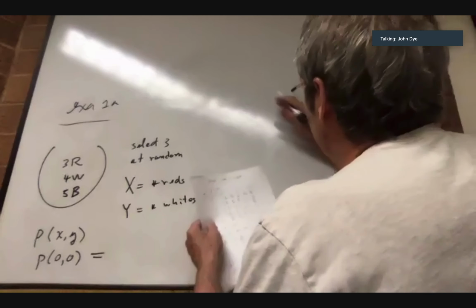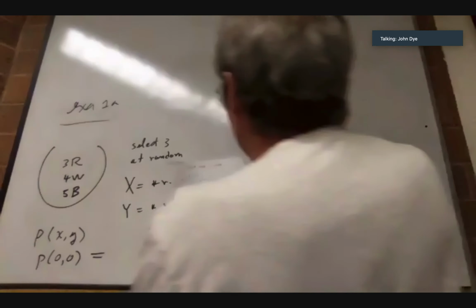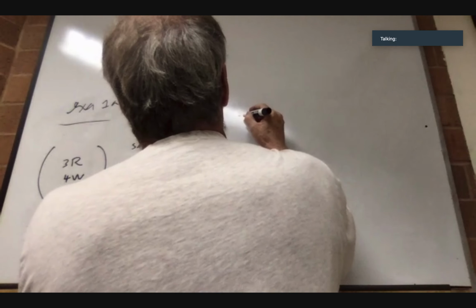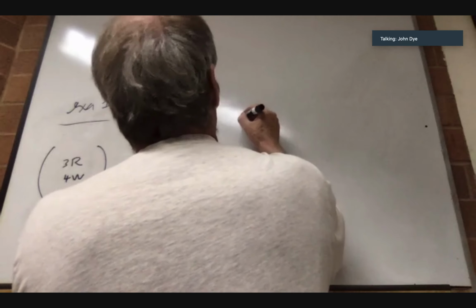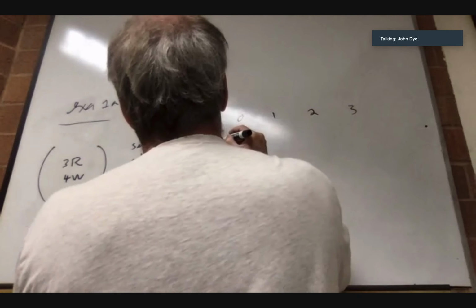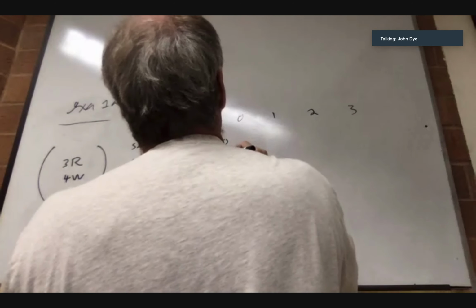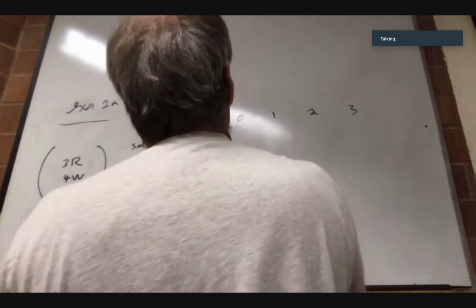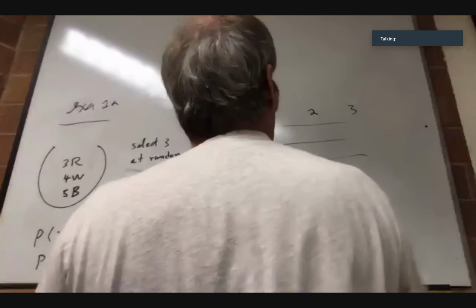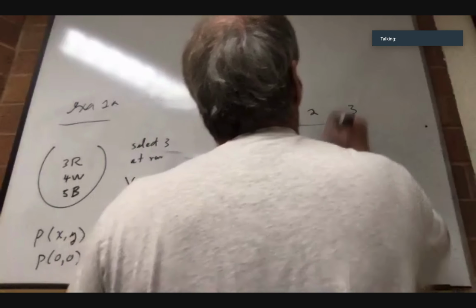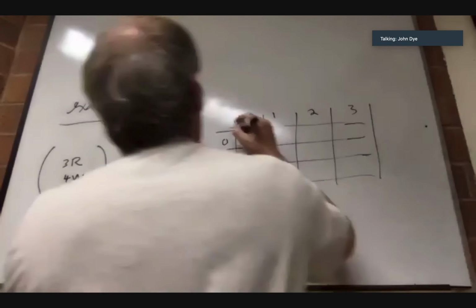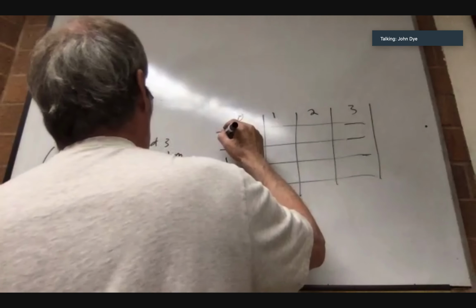So let's see if I can avoid the washout so I can get my full table in here. The top would be the number of white, and the bottom one on the side here is the number of red. The way they do these things is they split it.